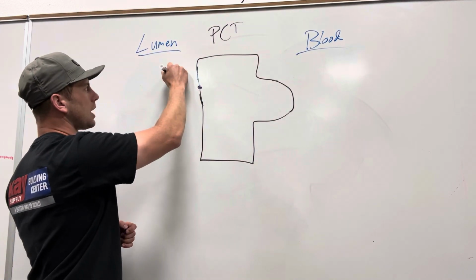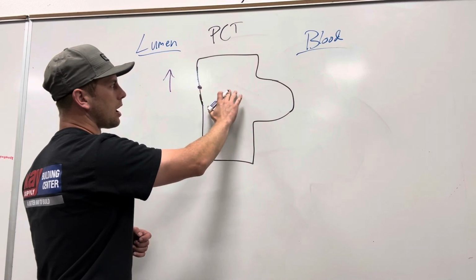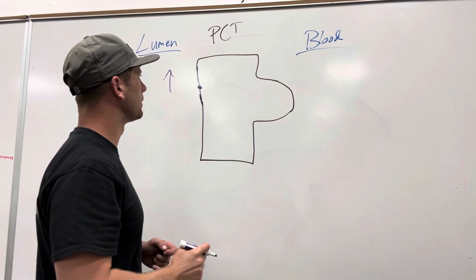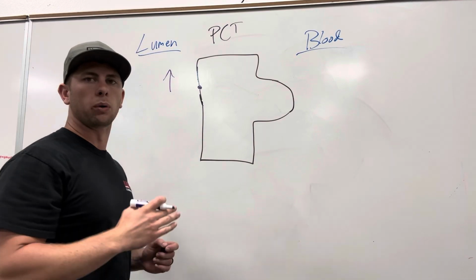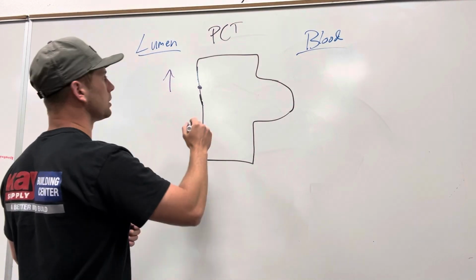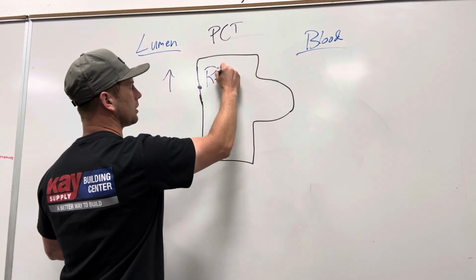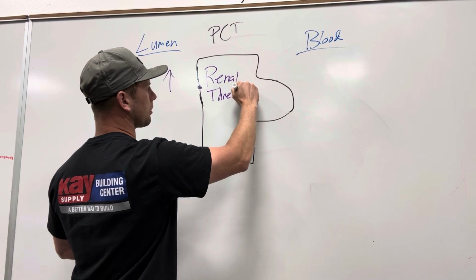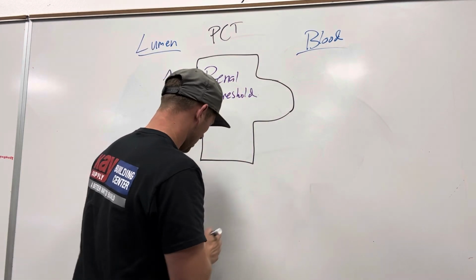So when there's too high of glucose, no more can be reabsorbed and pushed out into the blood. And the point where it cannot reabsorb any more glucose is our renal threshold. I'm just going to write in here: renal threshold. And this is bad.